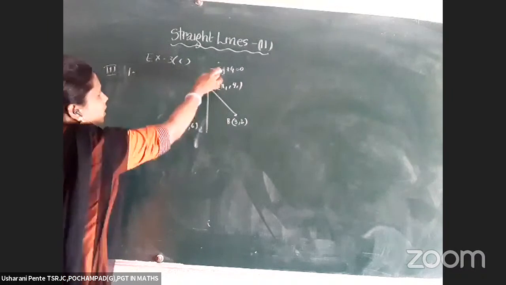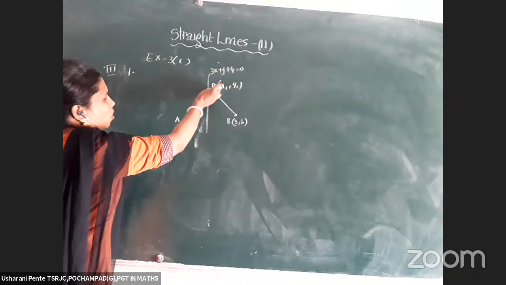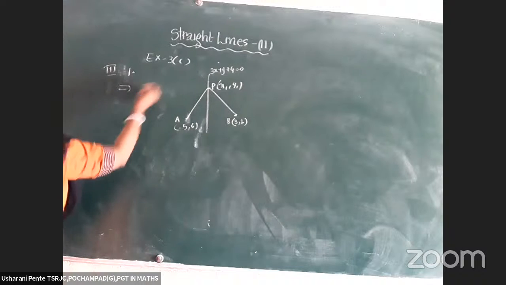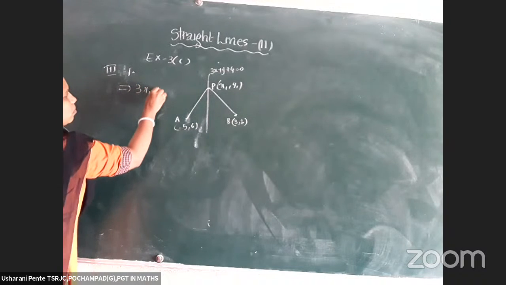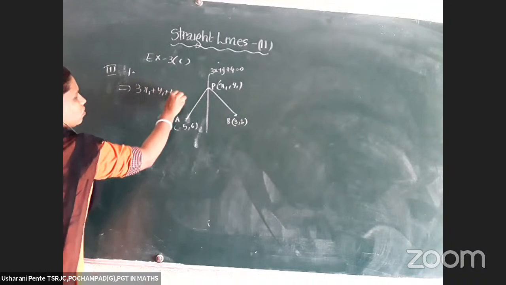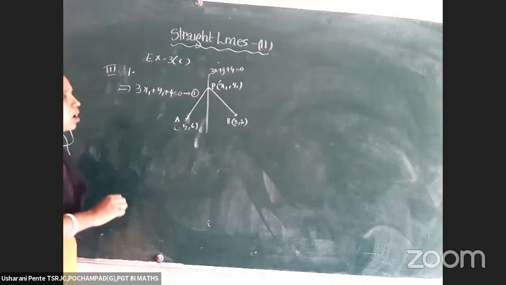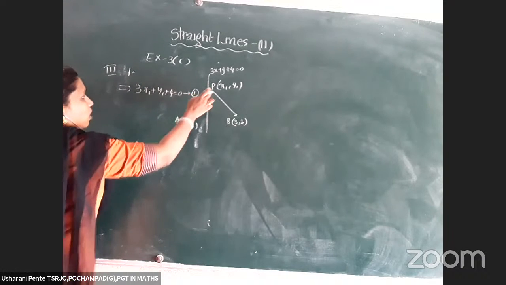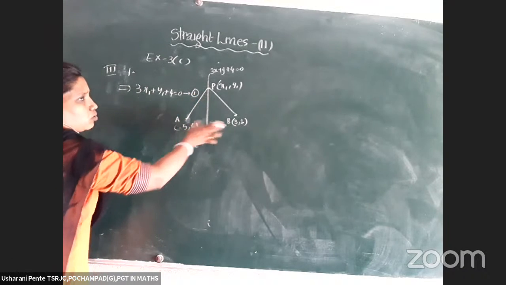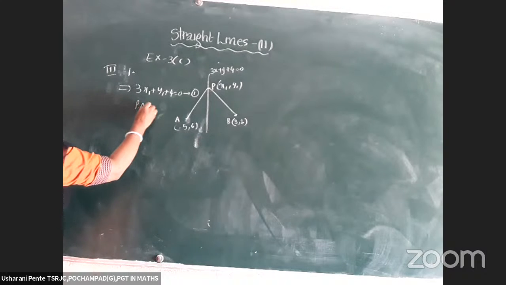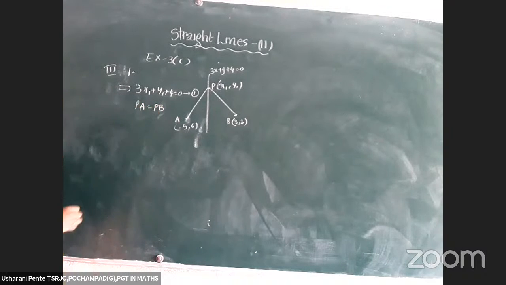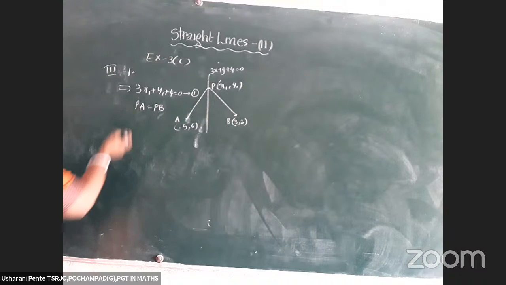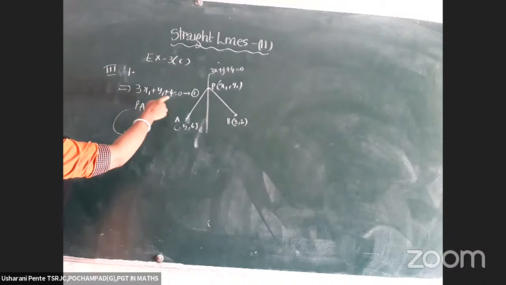As this line contains this point, we can write 3x1 plus y1 plus 4 is equal to 0. Let it be equation 1. As given, this point is at equal distance from the two given points, therefore PA is equal to PB. From PA equals PB, we will get another equation in x1 and y1.